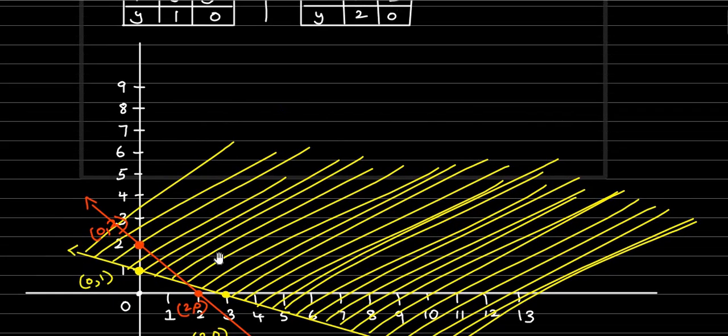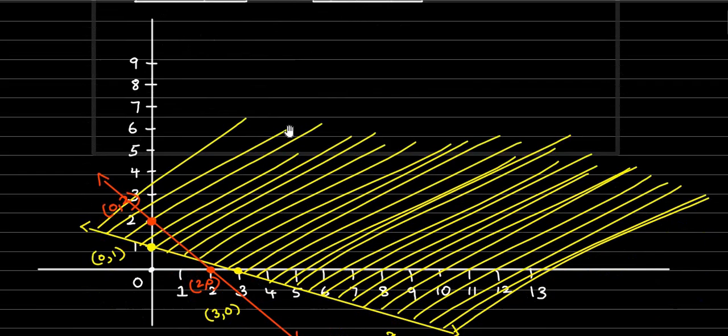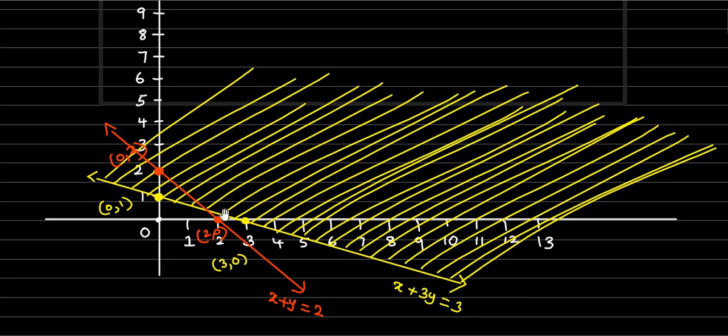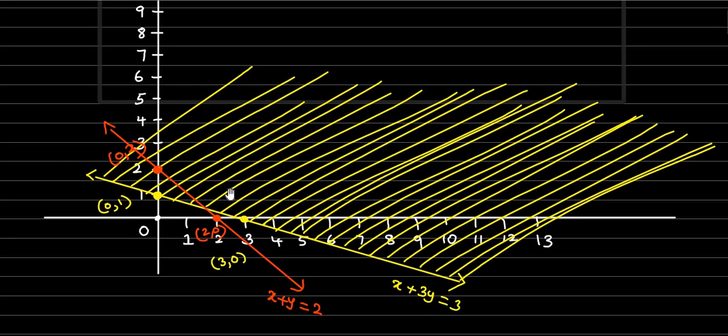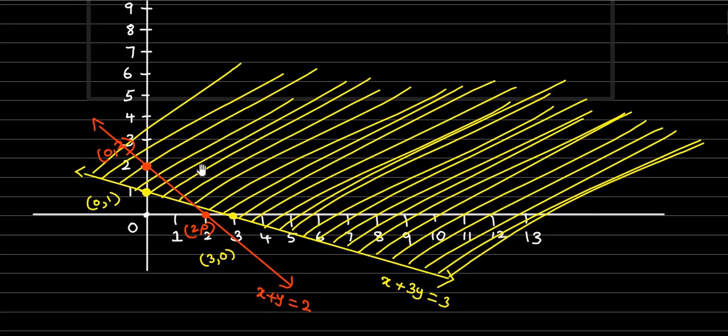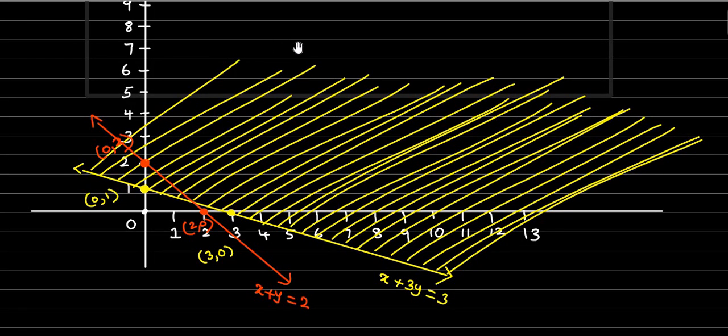So we need to identify the solution for x plus y greater than or equal to 2. So randomly take any point this side. Shall we take 2 comma 2, which lies this side of the red line? Any point you can take, 4 comma 10, 100 comma 100, but when we take the values in a smaller way, it's easy to calculate. So for calculation purposes, let's take smaller values.